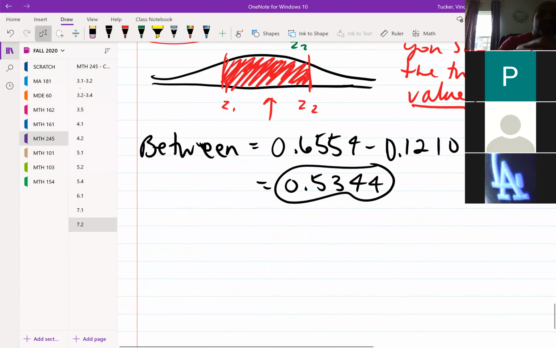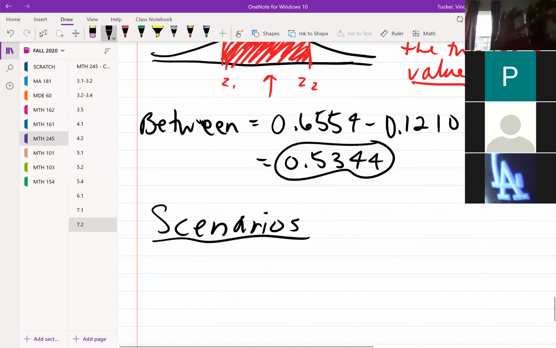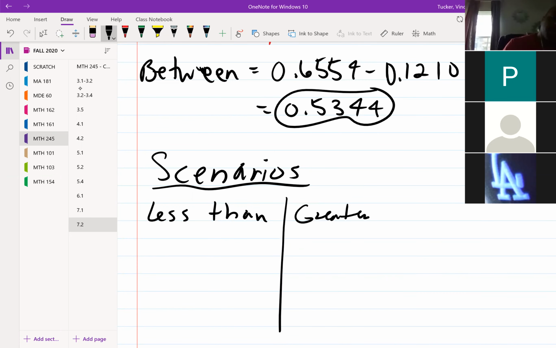So to summarize your scenarios, remember I said there are only 3 scenarios. Try not to make it too complicated. You have less than, greater than, and between.